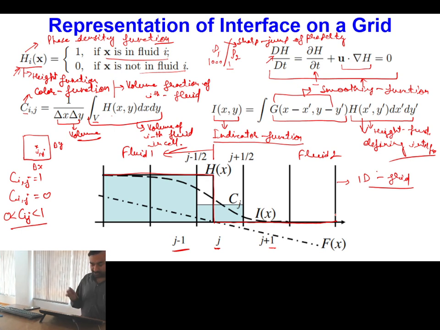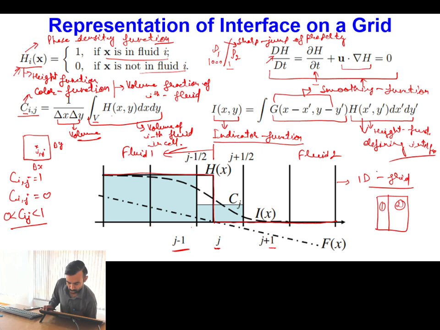Now let's talk about the color function. What is the color function? For the cells which are fully filled with fluid 1, its value will be 1. So you can see this gray shaded portion is equal to 1 for this cell, and equal to 1 for this cell. However, this particular cell was only partly filled with fluid 1, and the remaining portion was filled with which type of fluid?